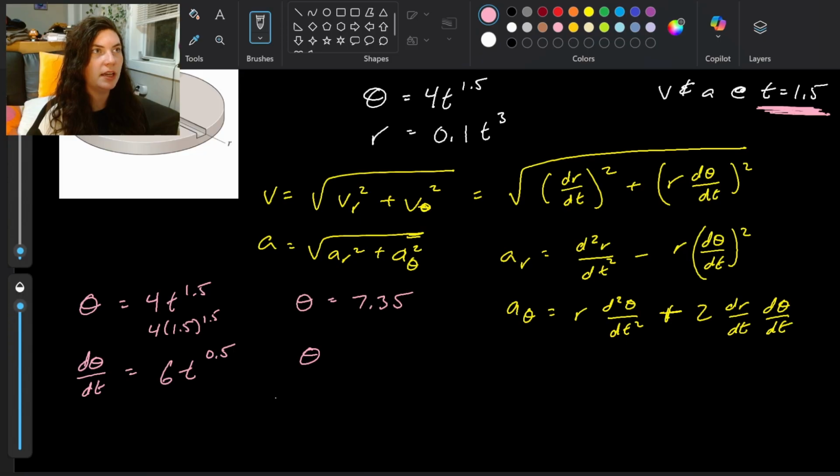If I plug in 1.5 in there, 6 times 1.5 to the half power, that also, very interestingly, gives me 7.35. That's very interesting for our d theta/dt.